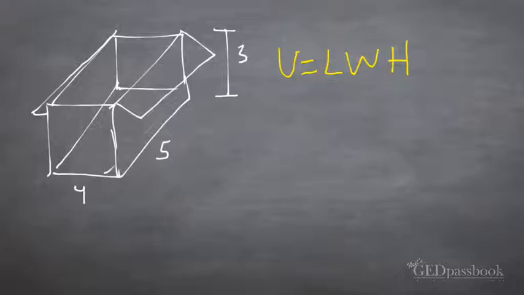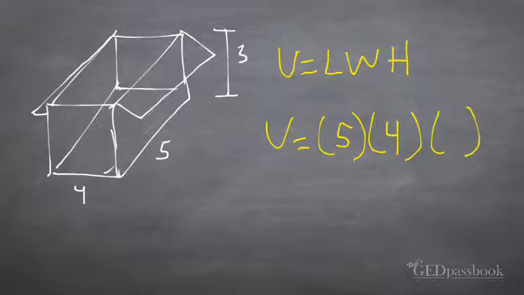So, what is the length? What is the width? And what is the height? This is where it always gets confused, but it doesn't really matter because it's all multiplication. You could have the length being the 5, the width obviously being the 4, and the height being what they gave us, which is 3.